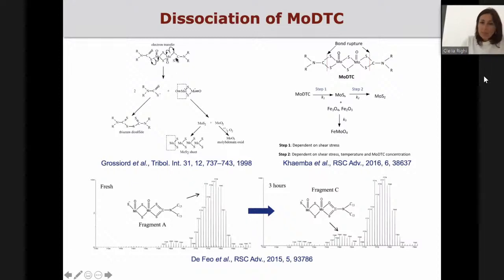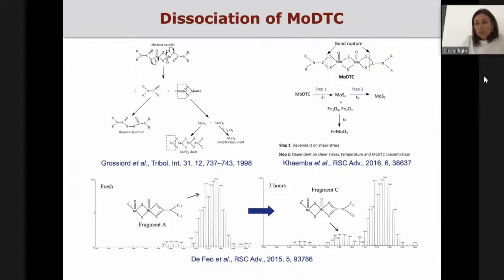But 20 years later, another mechanism was proposed, in which the initial dissociation seemed to occur by breaking the sulfur-carbon bonds. The dissociation mechanism is not the only source of complexity, because it is known that the molecule oxidizes quite rapidly, and the role of oxygen atoms in the dissociation process is not clear.